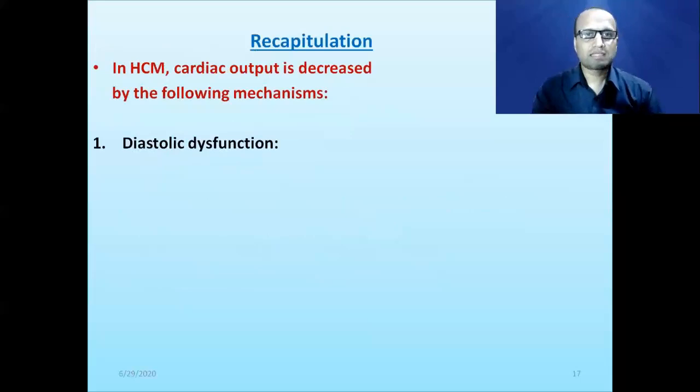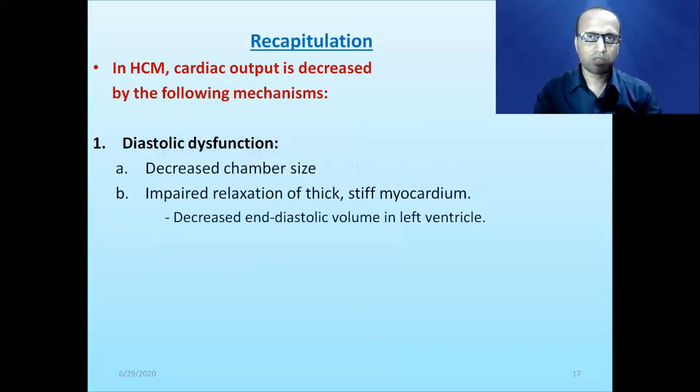So now let's recapitulate the mechanisms of decreased cardiac output in hypertrophic cardiomyopathy. So these are the mechanisms. In all patients, diastolic dysfunction is there. So the most important and most common mechanism of decreased cardiac output in HCM is diastolic dysfunction.